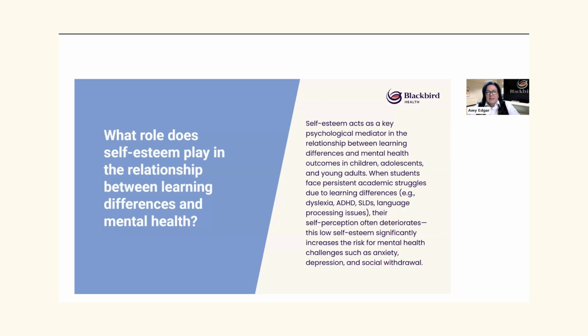So it's a mediator often between the learning differences in children and the mental health outcomes that we've talked about. So if we can identify early, if we can get the right support plans and learning support in place, we can impact self-esteem in a really positive way that allows kids to understand themselves.